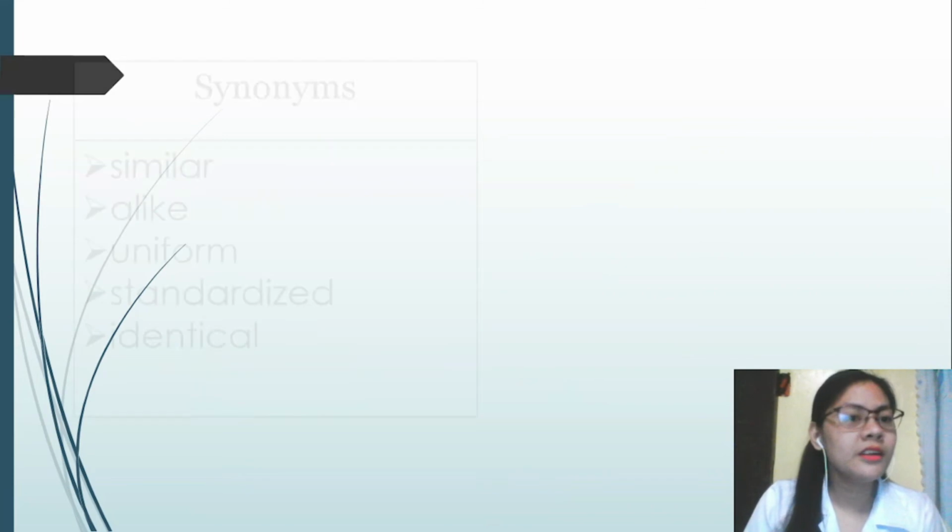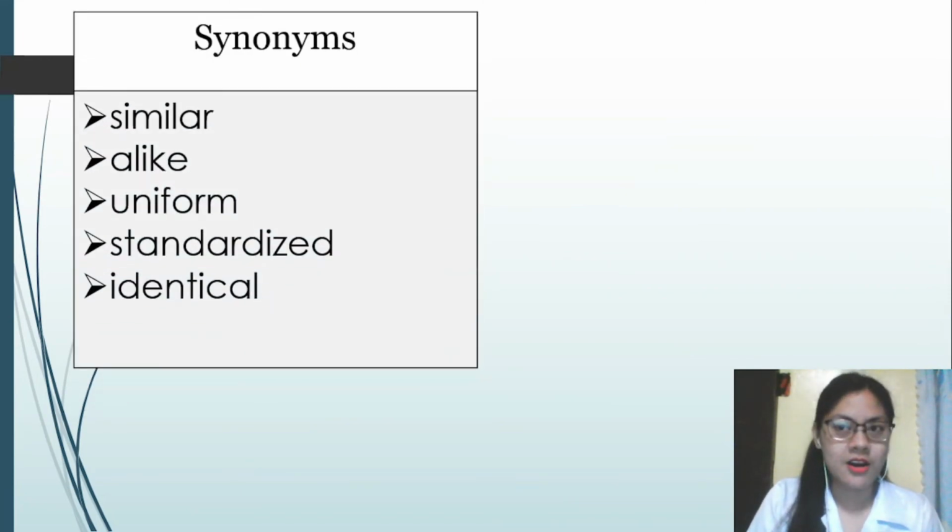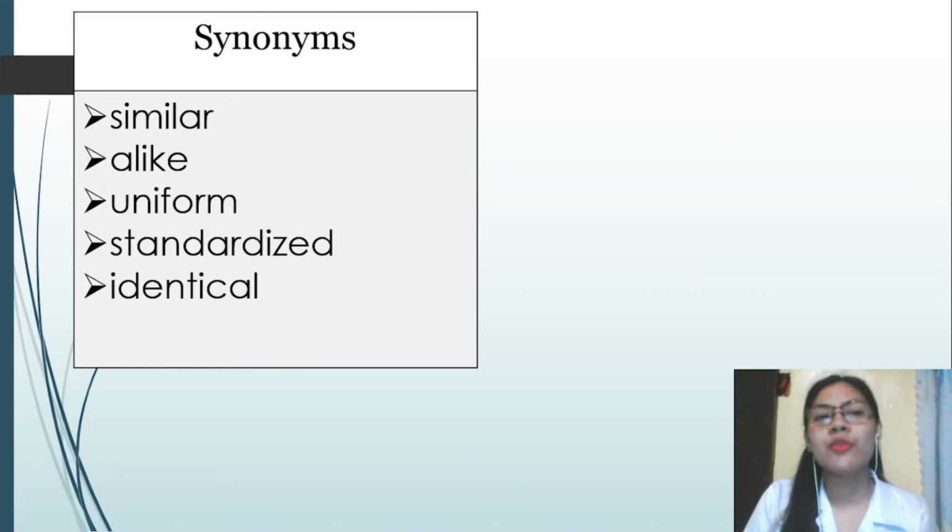For the next one, synonyms again. Synonyms are words with exactly or nearly exactly the same meaning as another word. The synonyms for homogeneous are similar, alike, uniform, standardized, and identical.